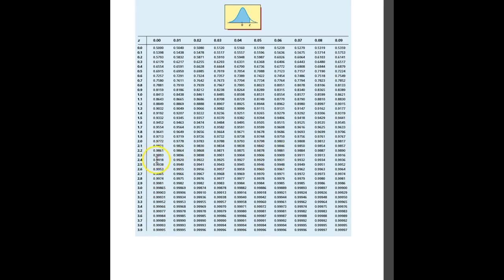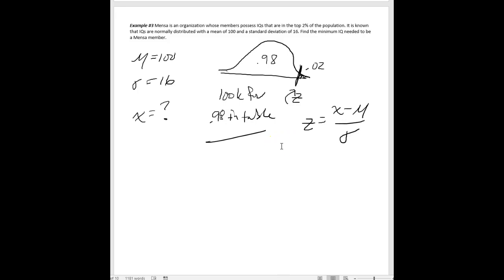Oh, we're going the wrong way. 0.97, we passed it, so we go over. Boom, there we are, 0.9803. So it looks like we are at a z value of 2.06. So we have a z value of, let's say 0.98 is equal to 2.06.